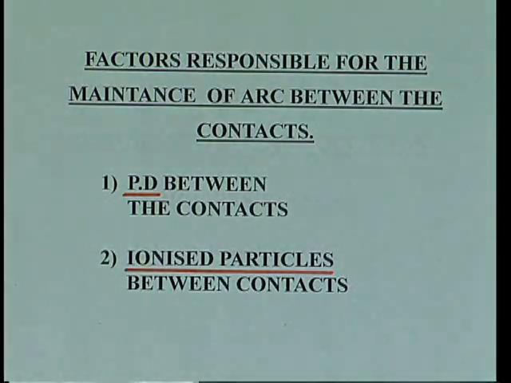If the gap of the contacts is small, then even a small potential difference causes electric current to flow between the two contacts. That's why the arc is maintained even at a small distance between the contacts, because of the small potential drop.